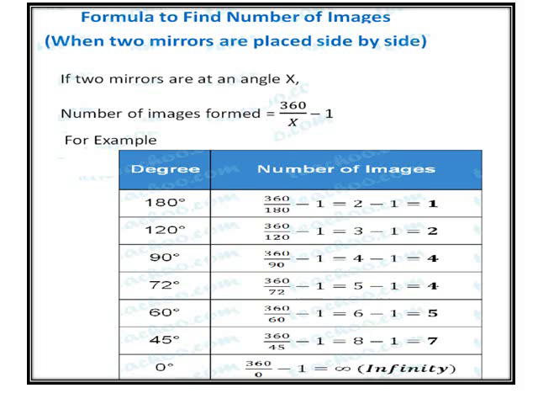Now here children, I can find for 90 degrees, it should be 3. 4 minus 1, it should be 3, but in the slide it is given as 4. So please do correct it. So when you keep it at 45 degrees, you get 7 images. When you keep it as 60 degrees, you get 5 images.